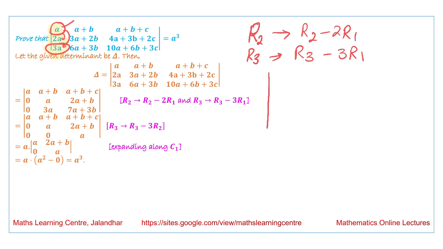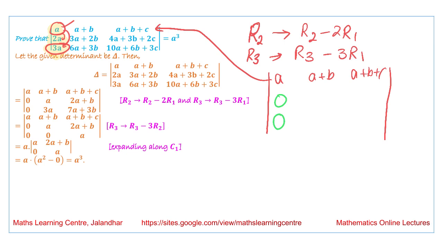So when we perform these operations, the term we have over here is a plus b plus c. The operation is not performed on row 1, and in the remaining two rows, when we subtract these values, these two values will become 0, and what we are left with over here is a, 2a plus b, and the next term you will get is 3a and 7a plus 3b.